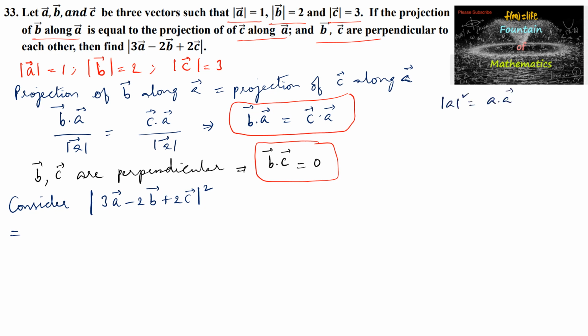A dot A. So we can write 3A minus 2B plus 2C dot product with 3A minus 2B plus 2C.